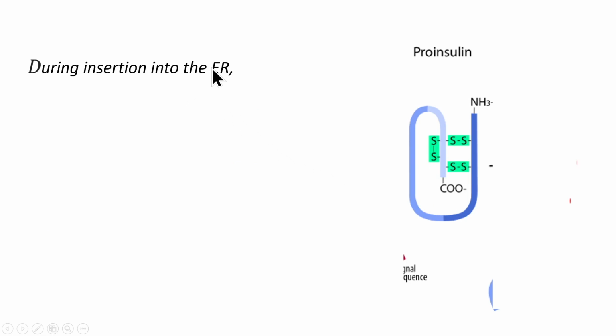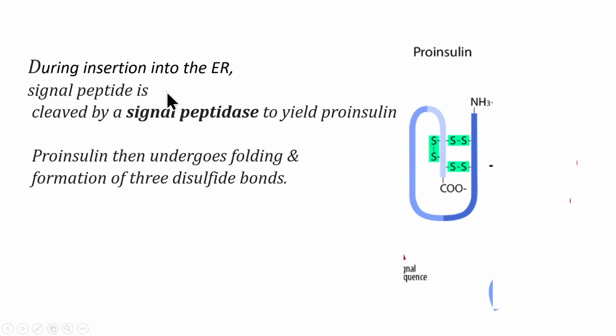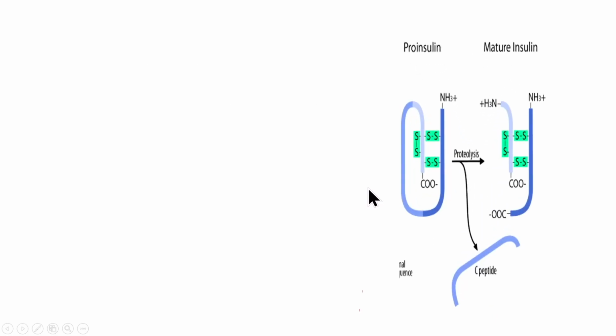During insertion into the endoplasmic reticulum, the signal peptide is cleaved by a signal peptidase to yield proinsulin. Proinsulin then undergoes folding and the formation of 3 disulfide bonds within the lumen of the endoplasmic reticulum.